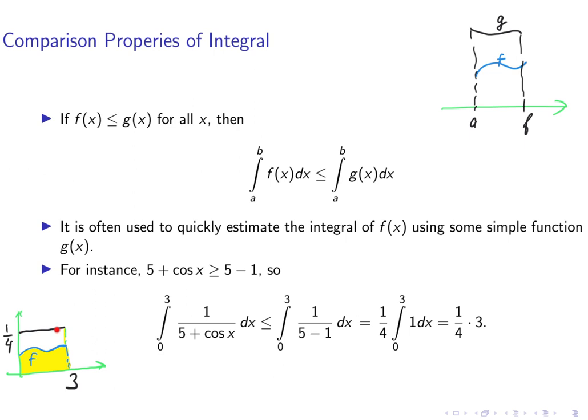And that integral we can compute from geometric consideration, since it represents the area of the rectangle of the height 1/4 and the width 3. We have 1/4 times 3, which is 3/4. So our given integral is less or equal than 3/4.